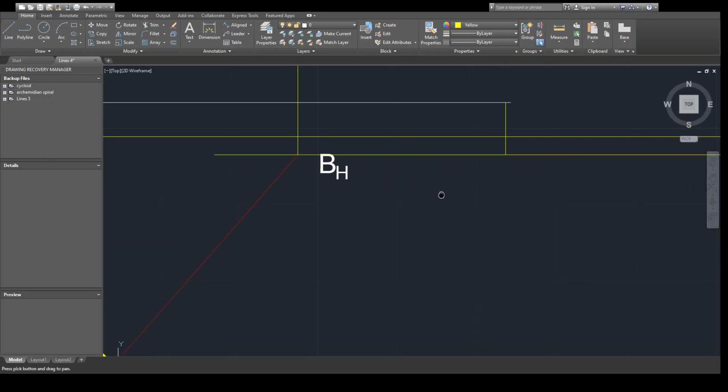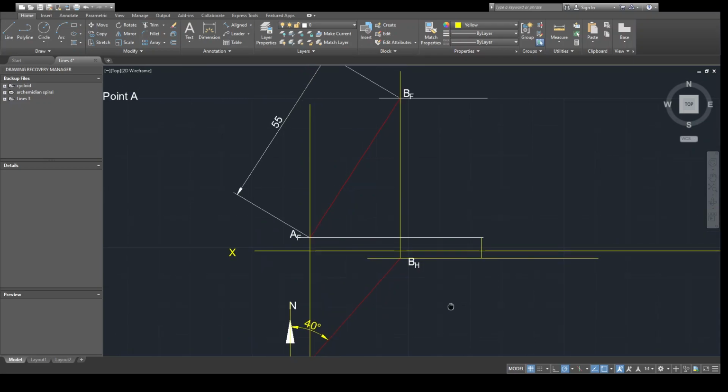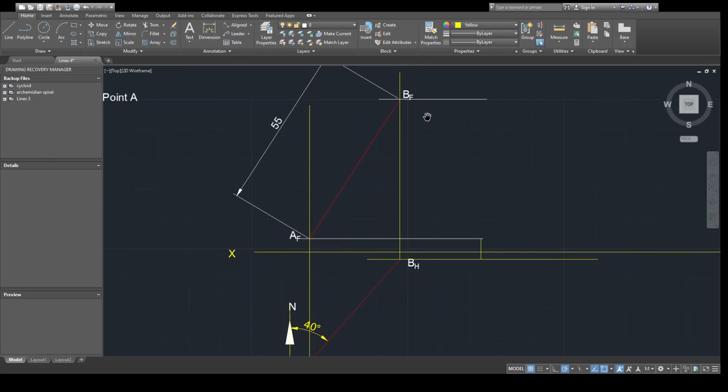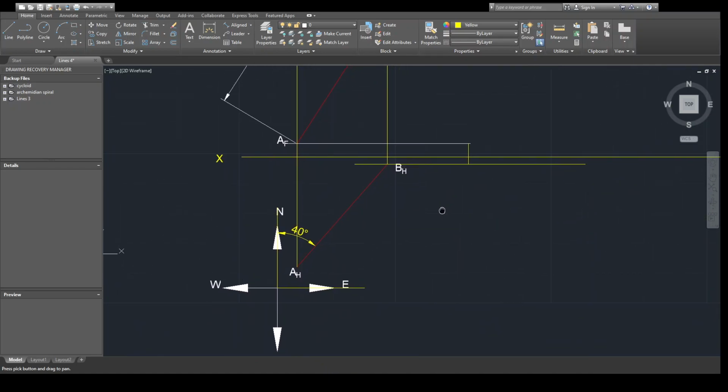Okay, so I have rotated AF BF up to this point. Yes, I have rotated it. Then vertical projection down up to locus of point B. Now I have locus of point A in case of top view. So from point AH I will draw a line up to this point, and this is my true length.